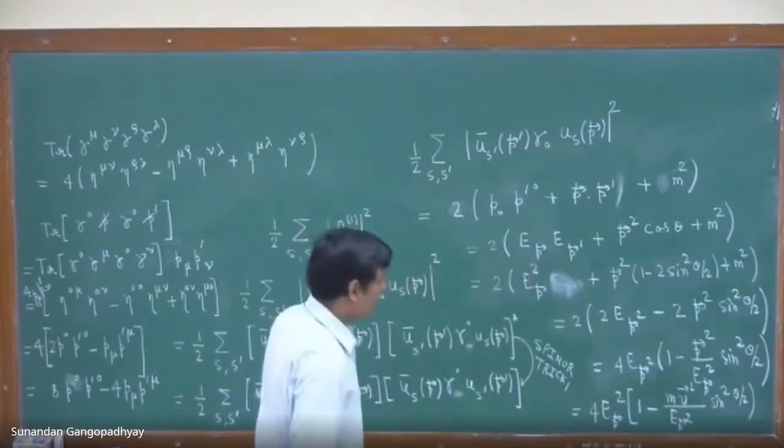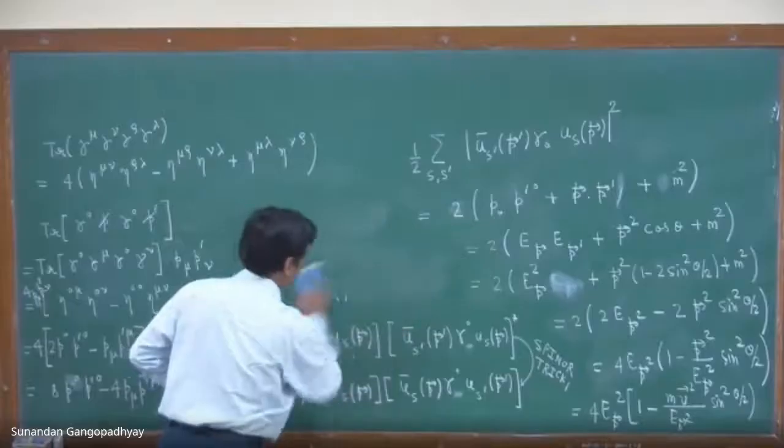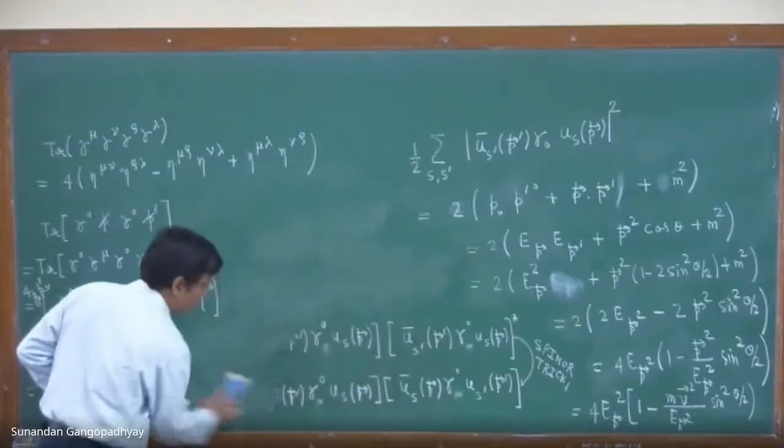Where should I write now? Sir, we are considering the relativistic case, so shouldn't there be an extra gamma square? No, gamma will come. This is just momentum, right? 1 by root 1 minus beta square will come.